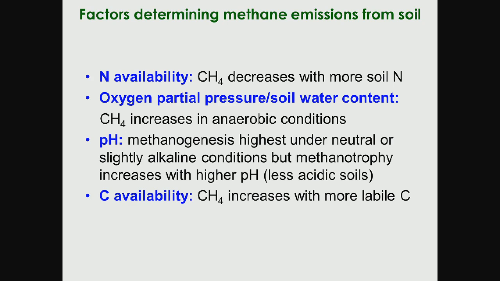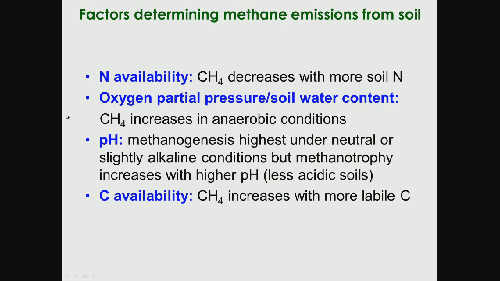And again, like with the nitrous oxide reduction, there are various factors that will increase or decrease methane production. In the case of methane production, nitrogen availability actually decreases methane production.